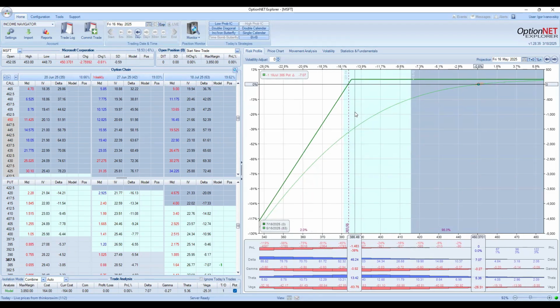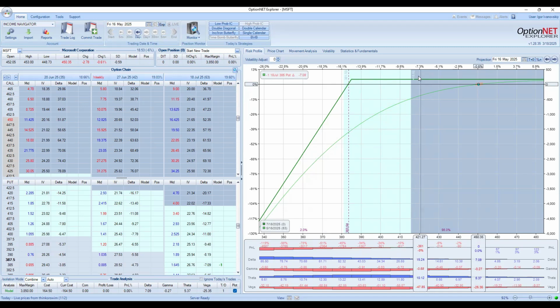What that means is that if Microsoft is, let's say, at 380 at expiration, you will have to buy the stock at 385 from whoever you sold this put to, right? So you have the obligation. You can't just say, no, I'm not doing it, get me out, cancel the trade. It doesn't work that way.